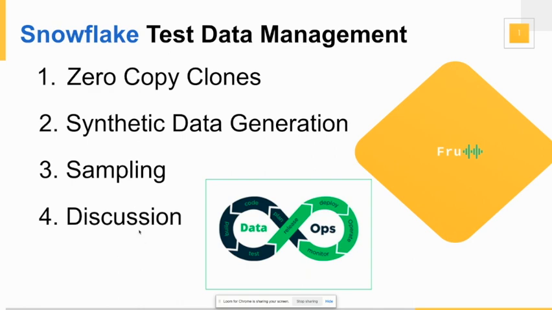There are teams that literally clone production at the beginning of the sprint, have a lower environment, and iterate through the development. As soon as the 2 weeks is over, the sprint closes, the retrospective is done, they reclone the environment, they literally bring it down, clone a new one, and off they go, right? That's the kind of speed you get with test data management within Snowflake.